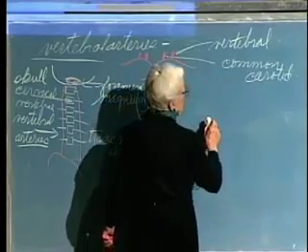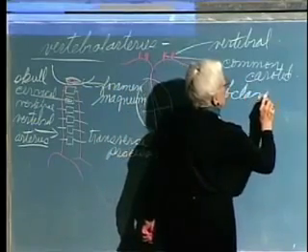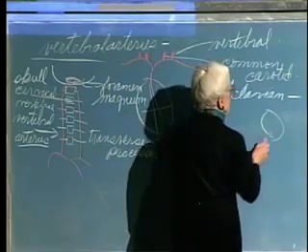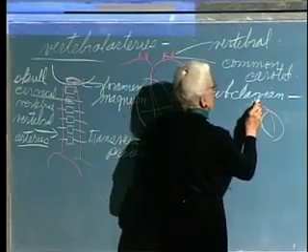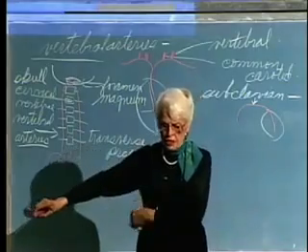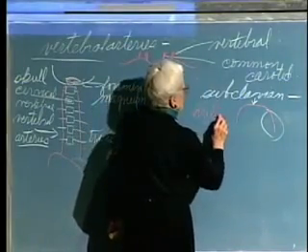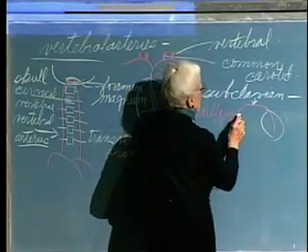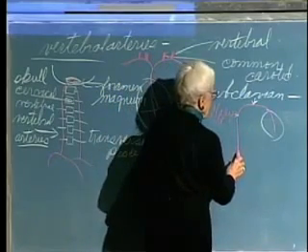subclavian. The subclavian then will come around, and as it comes to the axilla, it's going to change its name to the axillary artery. As it goes down to the arm, what are you going to call it there?